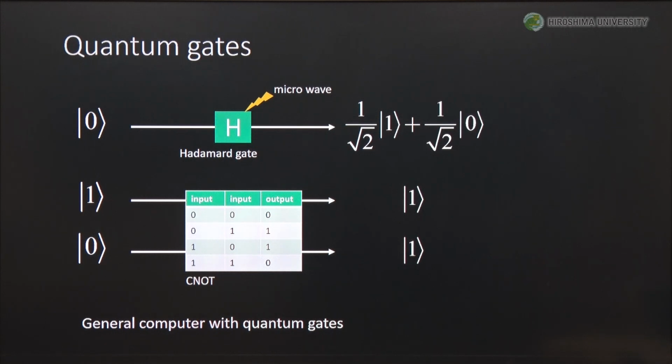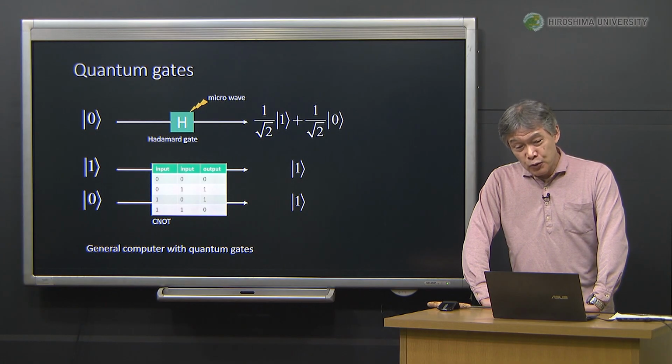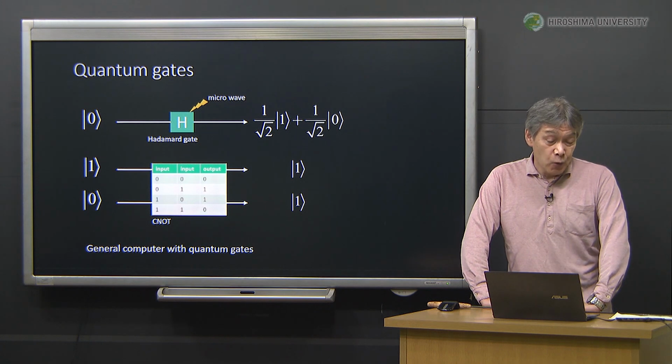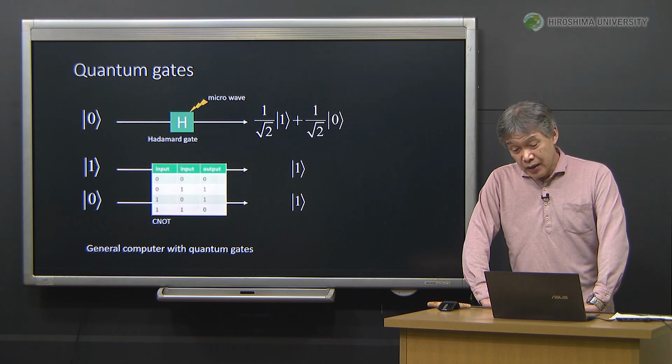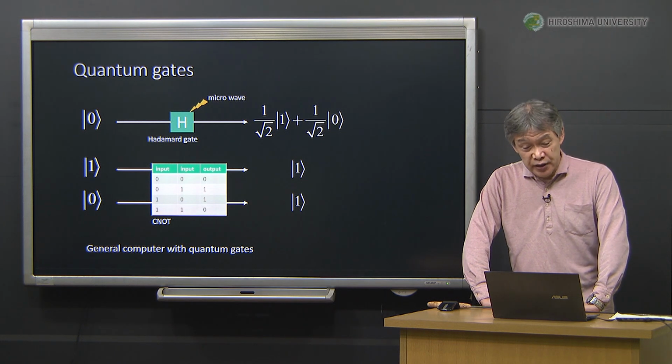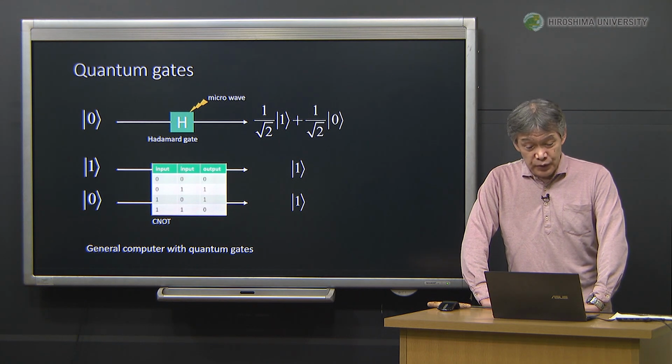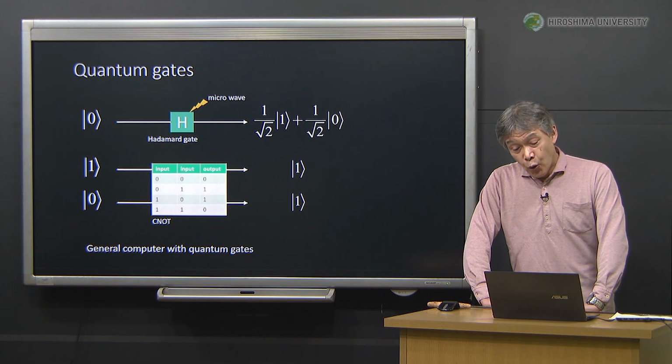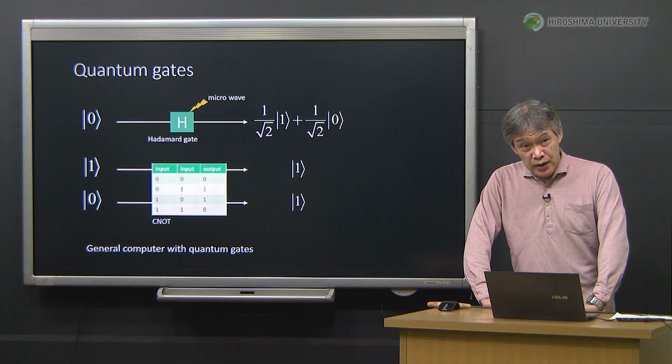I imagine that my explanation so far may be a little bit frustrating. I tried to talk about what is a quantum gate, what is a superposition, and what is an observation. However, it is not an explanation of why quantum computers are so interesting, or why quantum computers are faster than classical computers. Honestly speaking, that is not trivial.